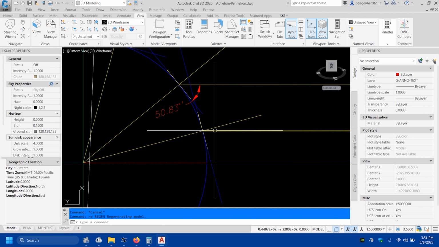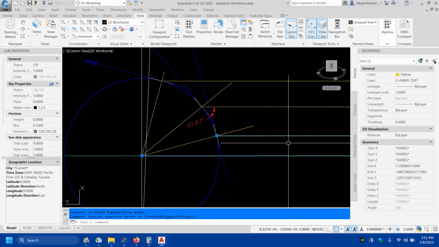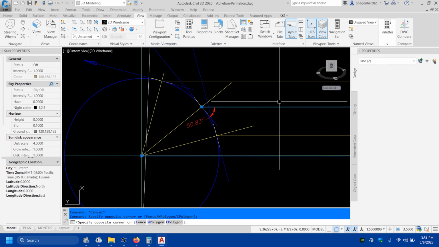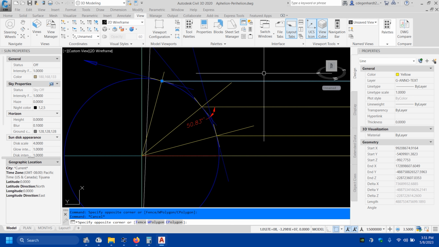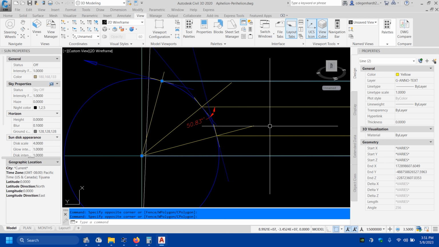So the sun's coming in more direct, it's almost overhead right there. So between here and here, it's almost, but not really. And of course here, that's a lot of sun from that point to that point.